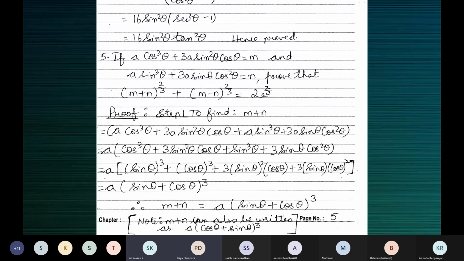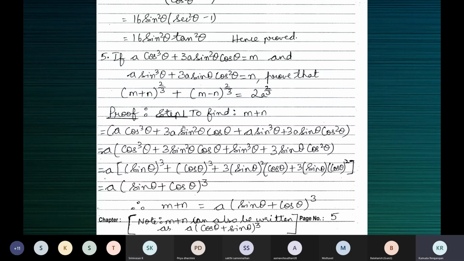A plus B the whole cube equals A cube plus B cube plus 3AB into A plus B, ma'am. Very good. Okay, Srinivasan, repeat both. Ma'am, A plus B the whole cube is equal to A cube plus B cube plus 3A square B plus 3AB square, or A plus B the whole cube is equal to A cube plus B cube plus 3AB into A plus B. Very good. Thank you, ma'am. Good.